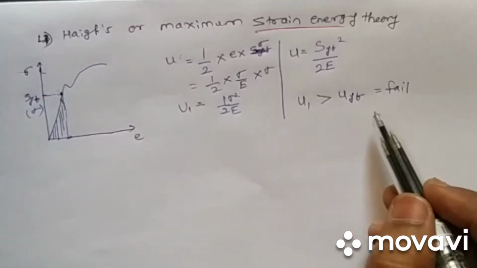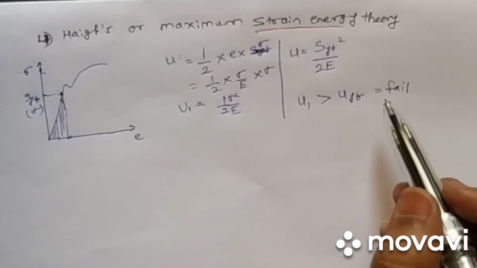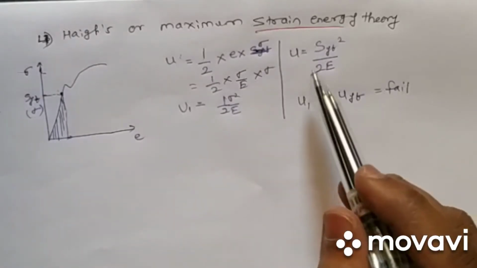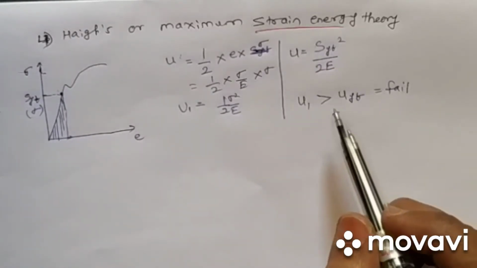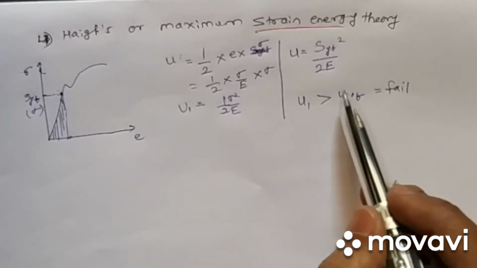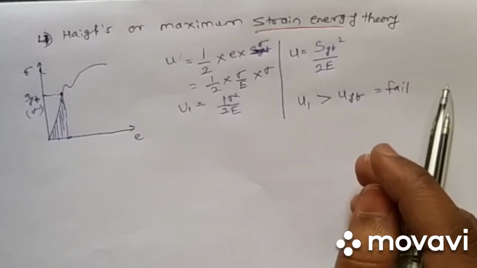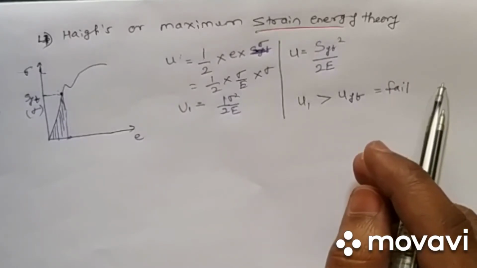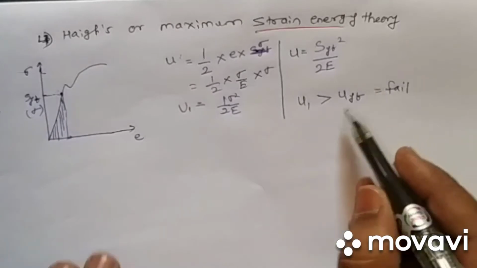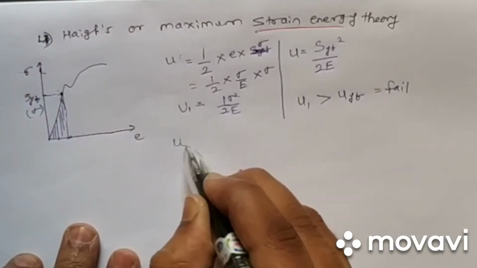So in order to ensure the safety of the material, the maximum strain energy should be lesser than the strain energy at yield point. This is very important.